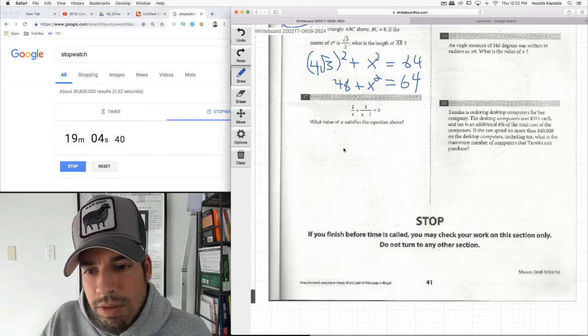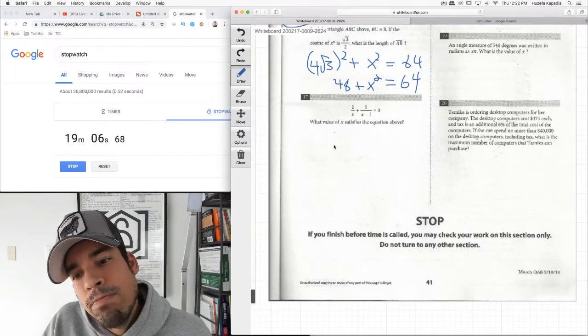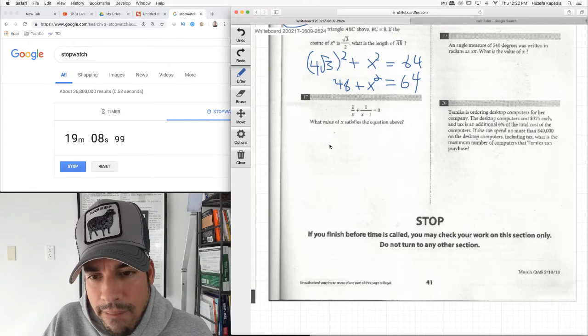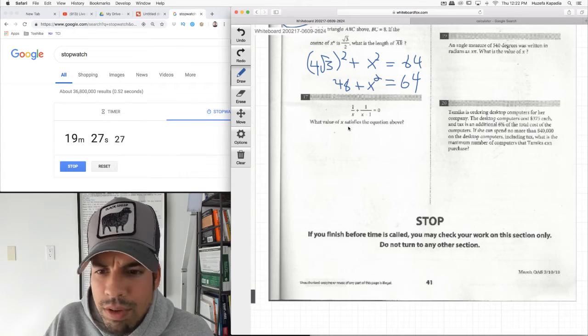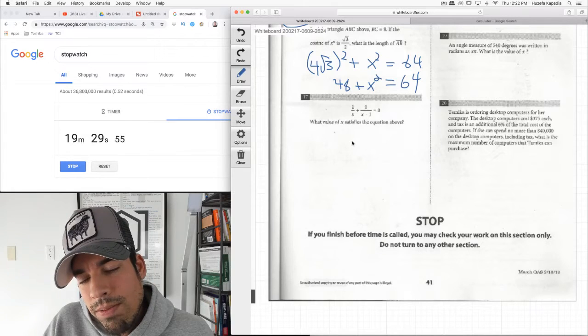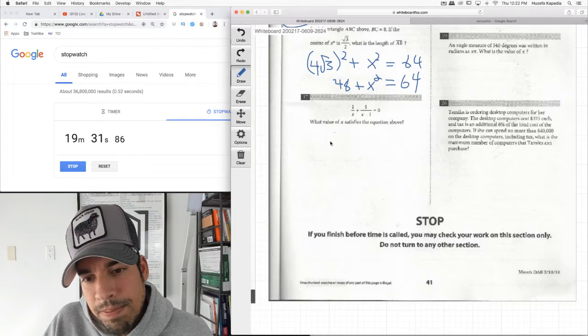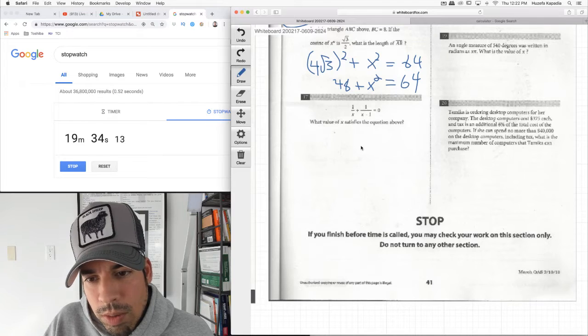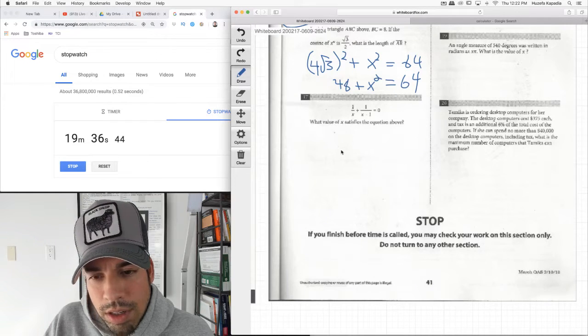What value of x satisfies this equation? It's -2. No, it can't be -2. It's like 1.5 or something. I'm trying to find a shortcut, but having trouble. So get common denominators.